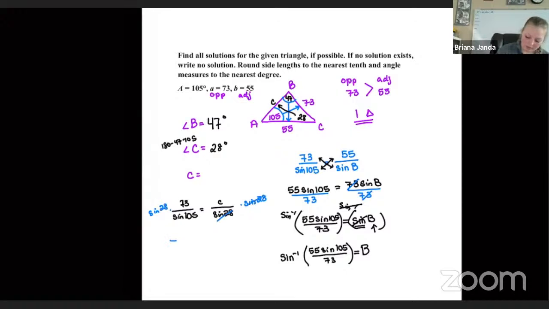And again, in my calculator, I'm now going to type that fraction in, 73 sine of 28 over sine of 105. This is our smallest angle, so I should expect our shortest side, and we do get 35.5, rounded to my nearest tenth.